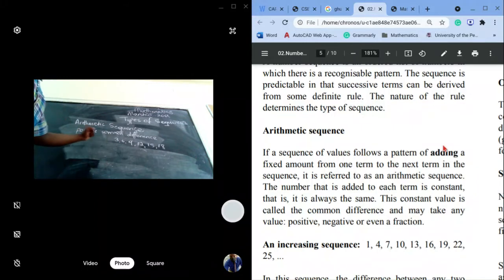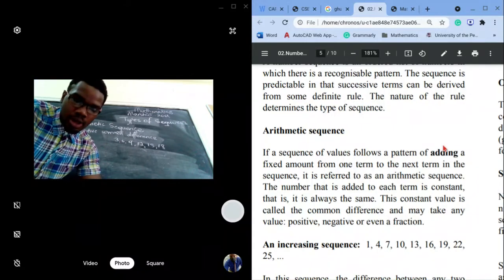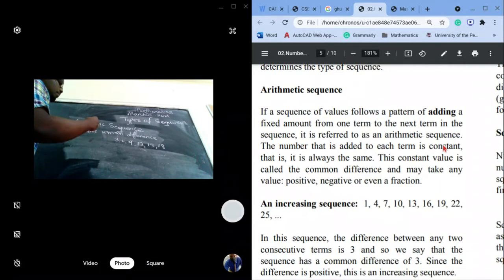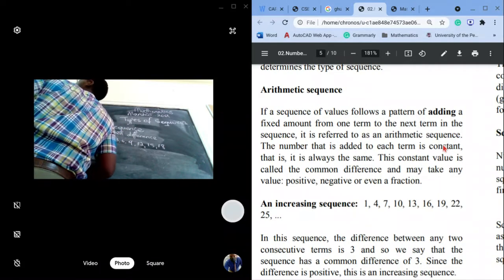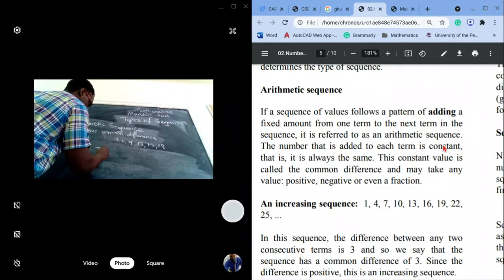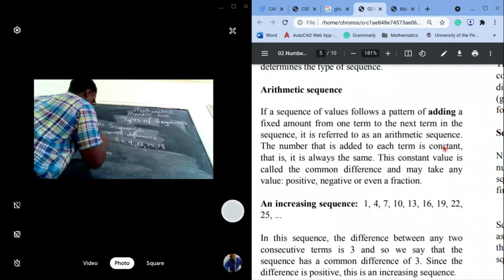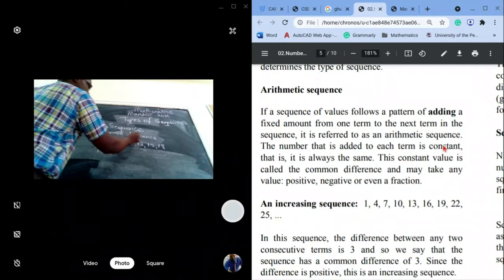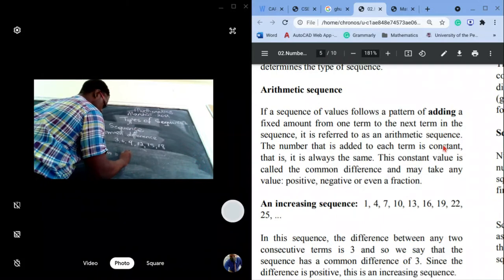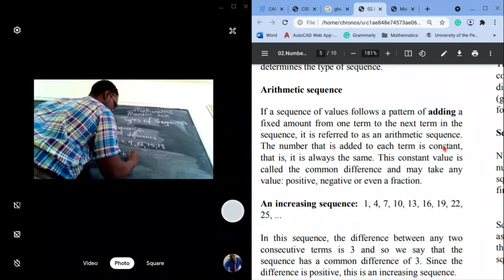Now the positive common difference would be an increasing sequence that is added each time of positive 3. So if I want to find term 2, the rule is to have a positive common number of 3 added: term 1 plus 3.